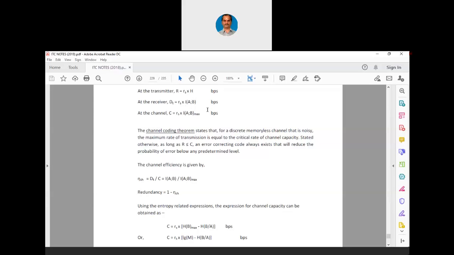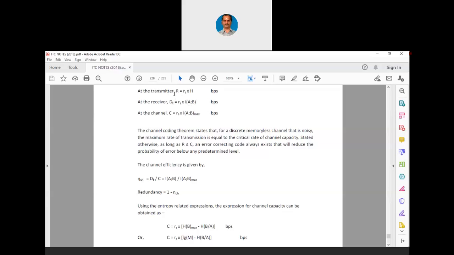If the transmitter and the receiver circles overlap completely, then we say it is 100% error-free transmission, 100% error-free reception as well. But it is not the case always. That is when we represent it using two circles which are slightly overlapping. That slight overlap between the two circles is called mutual information. That is represented here as I of A semicolon B.